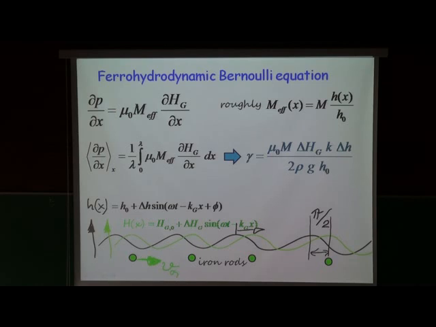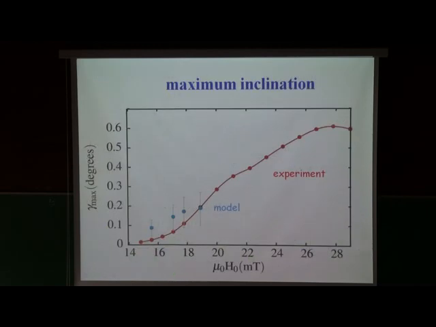So these are the quantities we all know or can measure, and now we compare the simple model with the experiment, and you see that within the orders of measurement error, this model fits somehow, or is not completely wrong.